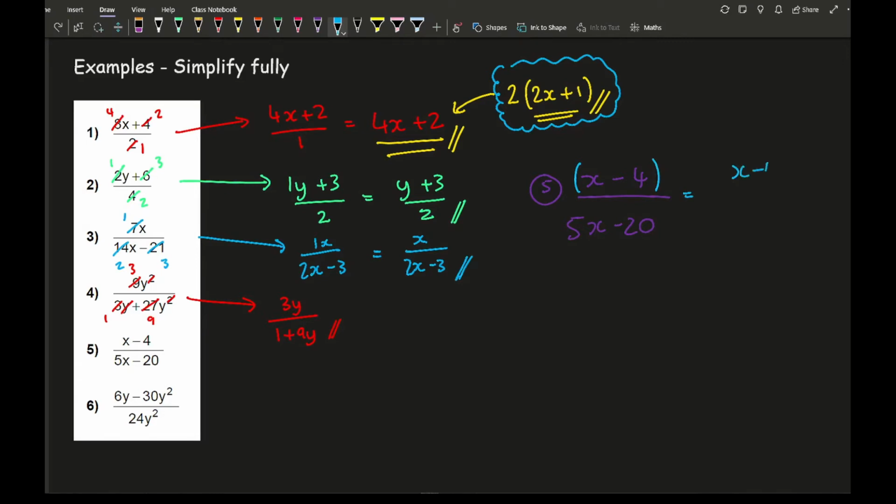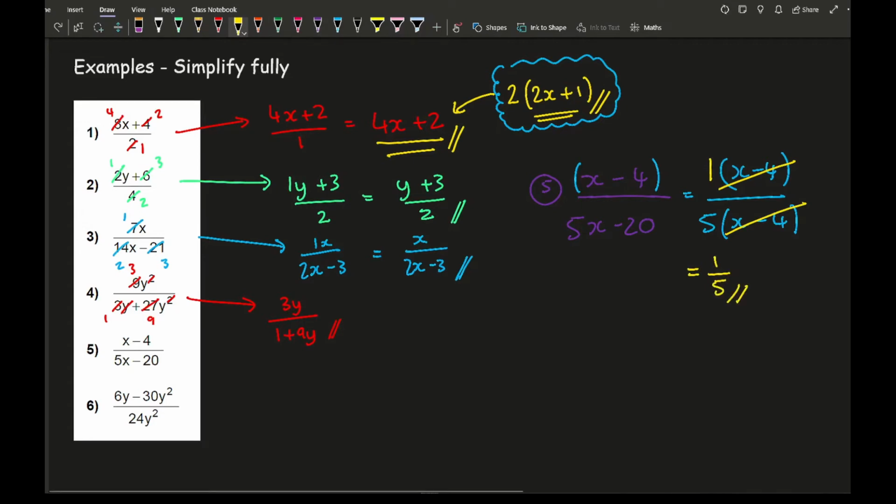If I write x minus 4 in brackets, I can factorize the bottom, take a 5 out and go through the motions, and I've got x minus 4. Lo and behold, I now have an x minus 4 in both the top and the bottom, which I can cancel. And if I wrote down a 1 to begin with, then all I'm left with is 1/5.